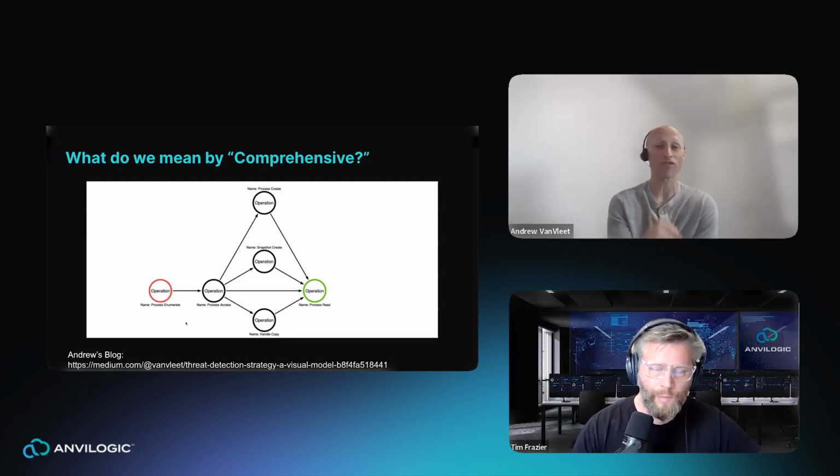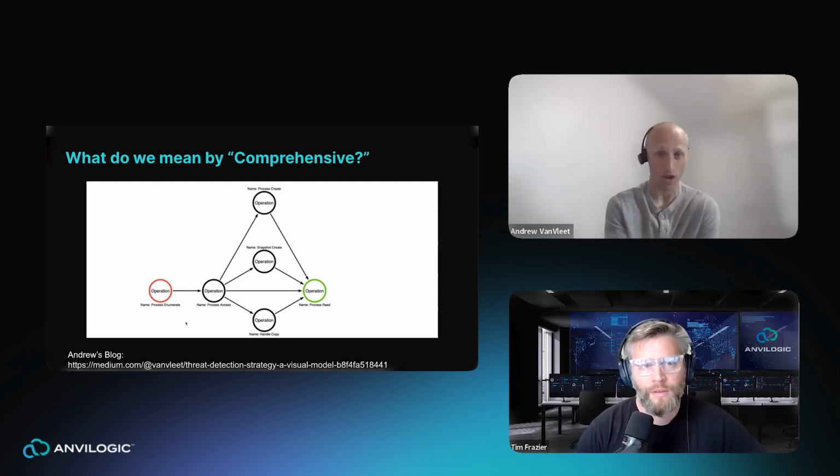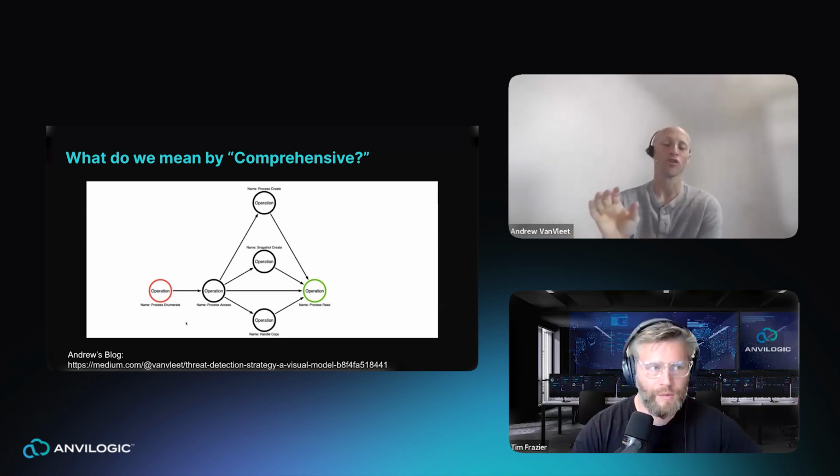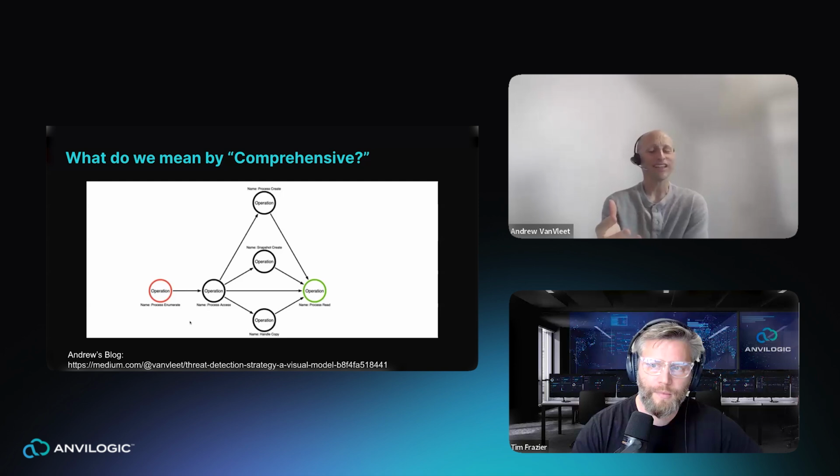What does an attacker have to do exactly this way in order to successfully complete this, right? So with LSASS, they have to open a handle to the LSASS process. It has to have a few specific permissions, right? So that would be a great place for us to look for detecting this particular one comprehensively. So that's the idea of comprehensive.